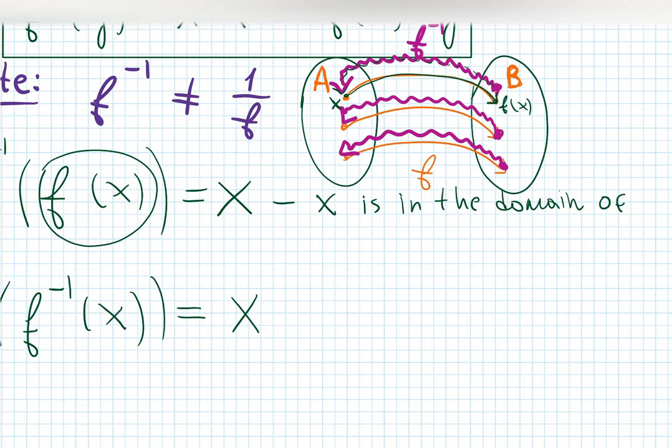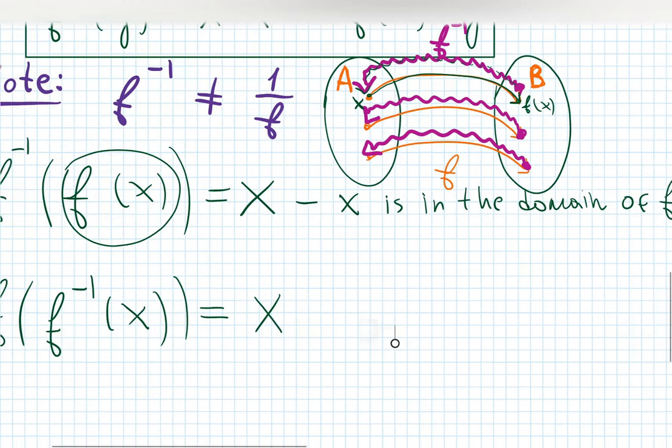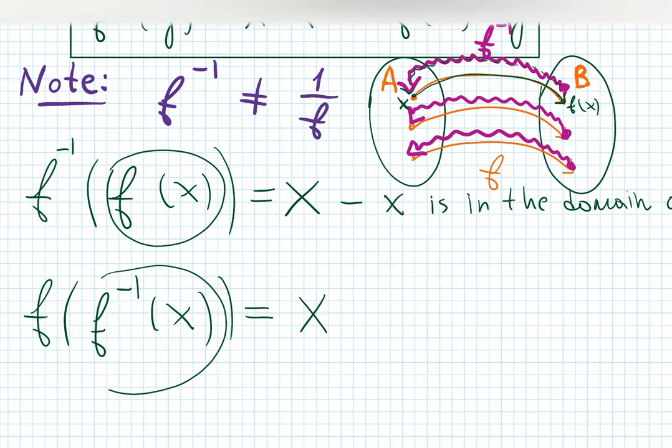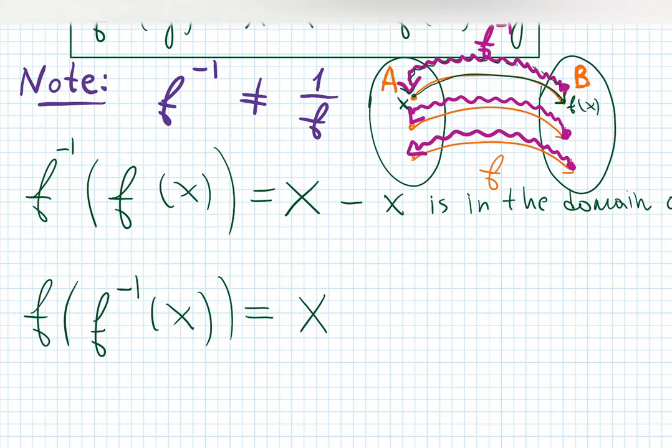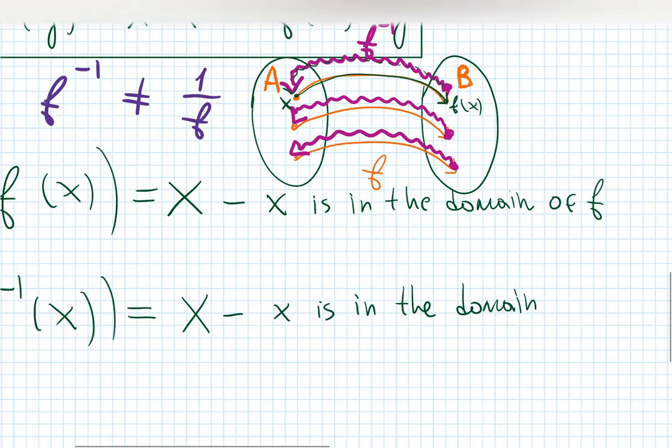So in a domain f. But in the second case, look how we're starting. We're starting with an inverse function. So the original domain actually is whatever is the domain for the inverse. X is in the domain of inverse. For now, it's a little bit confusing.